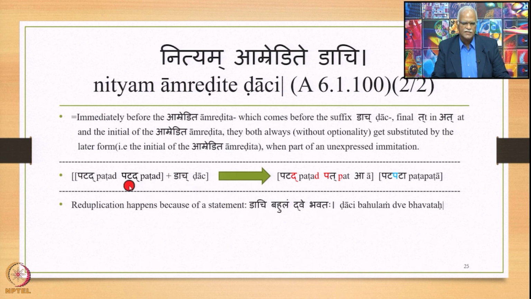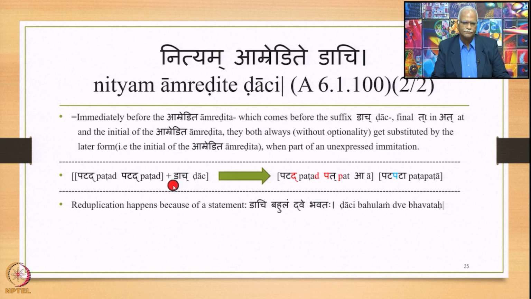In this case, this is the amredita, and this is the sound p at the beginning of this amredita, and here we have the t at the end of this first part, which comes immediately before the amredita. Now this amredita is coming immediately before this suffix dach. So the conditions for 6-1-100 to apply are fulfilled.